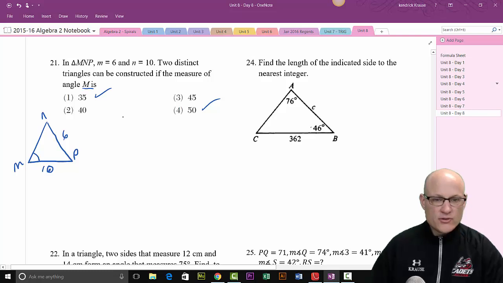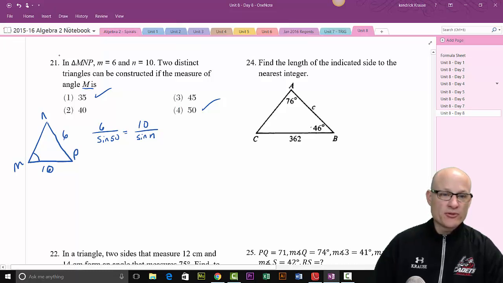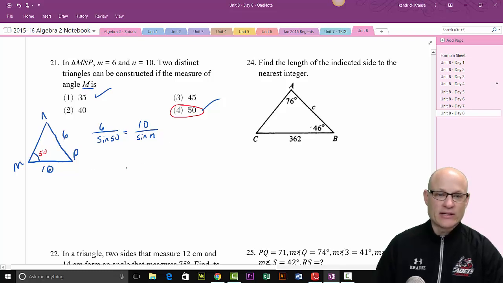So let's guess the 50. We'll do 6 over the sine of 50 is equal to 10 over the sine of n. We're making an assumption that this is 50. We're going to use our answers and say that's our answer. So 10 sine 50 is equal to 6 times the sine of n. Divide by 6.